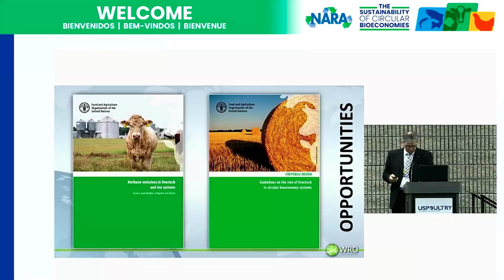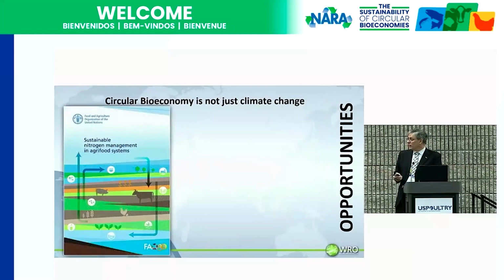And sure, the methane guidance will really lower the pressure, I hope so, on ruminants. Not just that. Last week I followed the launching by FAO. Really, last Friday they launched this manual regarding addressing sustainable nitrogen management in agri-food systems.